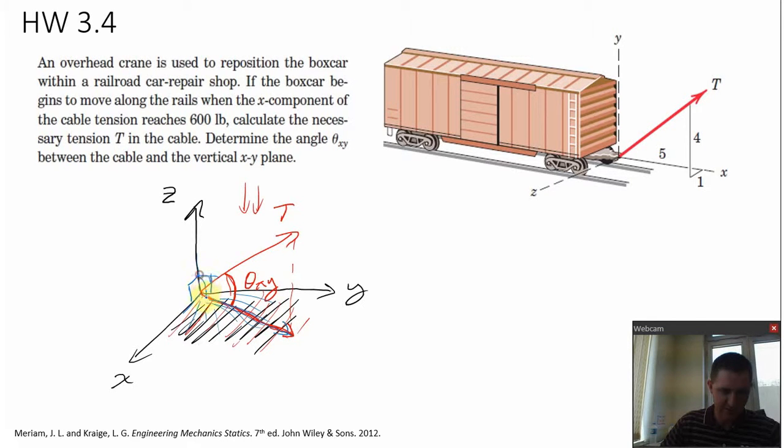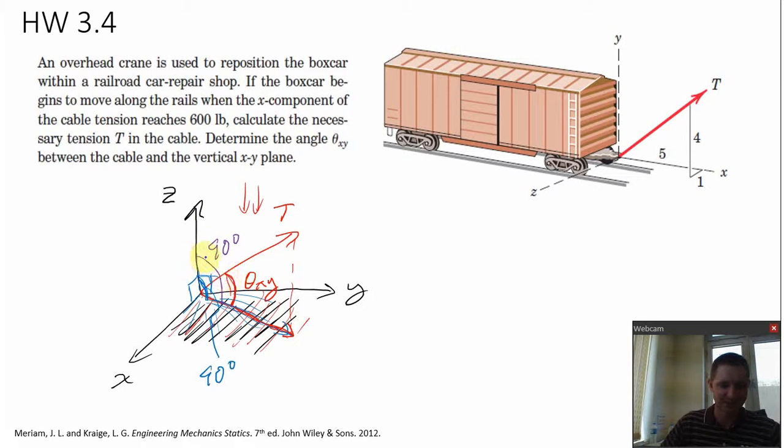You know that to also be 90 degrees. So hopefully you see that the angle between the z-axis and the projection of the tension vector onto the xy plane is a 90-degree angle.